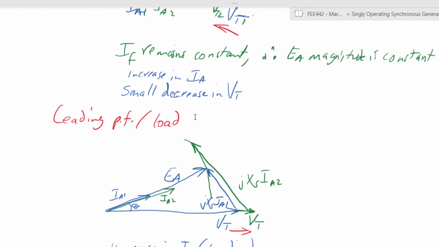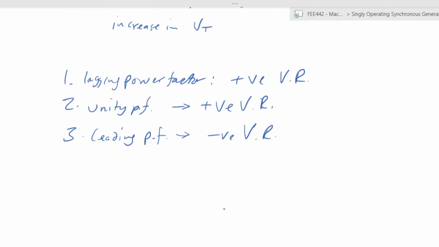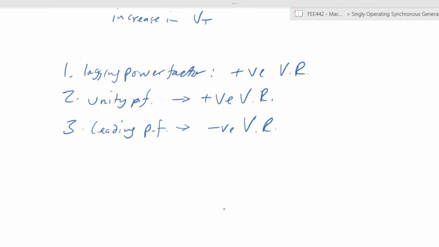If your load has increased your terminal voltage, you would then decrease the value of EA so that the same value of IA would be brought back at a terminal voltage that we require. So that means that as loads change, you must change the excitation to match the loads. So this is an important point.